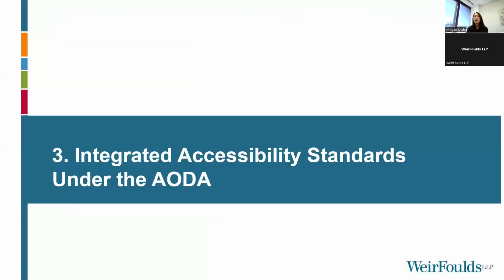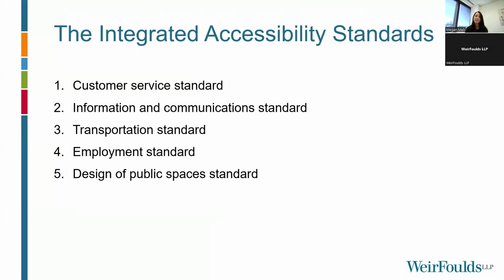Now I want to get into some specific details on the integrated accessibility standards under the AODA. Now that I've convinced you all of the importance of compliance and the broad ability of the ministry to enforce this act, let's talk about the specific standards. So the integrated accessibility standards include standards to help remove barriers for people with disabilities in 5 specific areas.